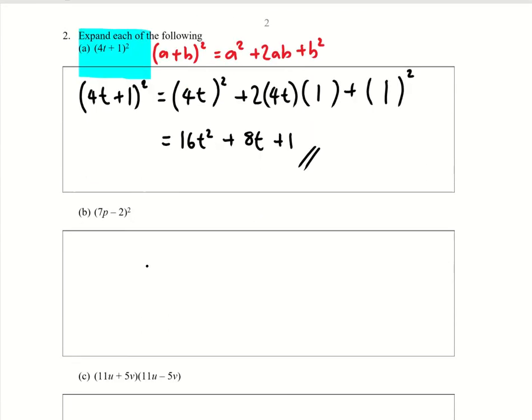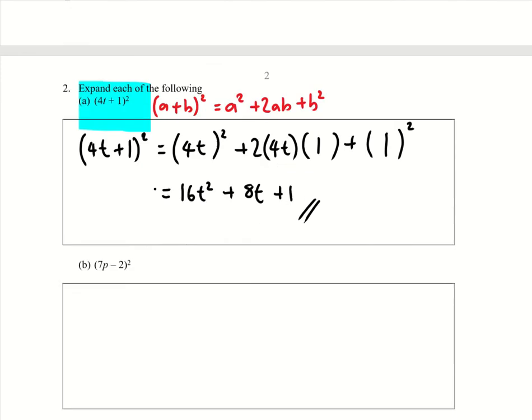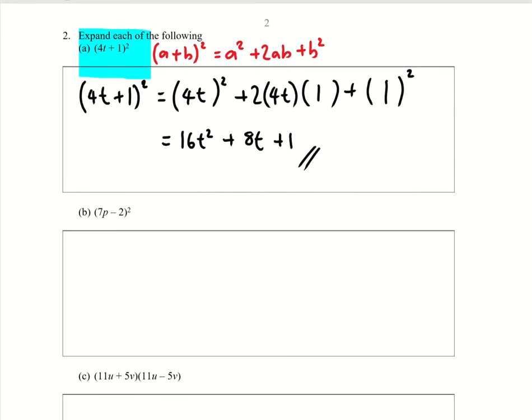So the second one, I have 7p minus 2 square. So 7p minus 2 square will fulfill the form of a minus b the whole thing square. So let's write down the formula again. If I have a minus b the whole thing square, if I expand it, I will have a square minus 2ab plus b square.